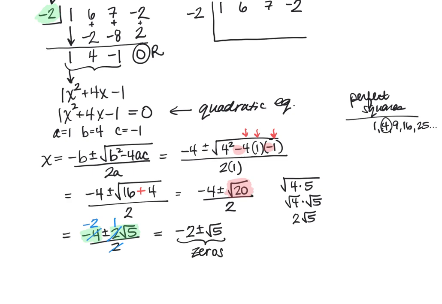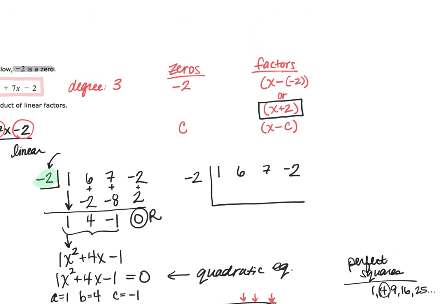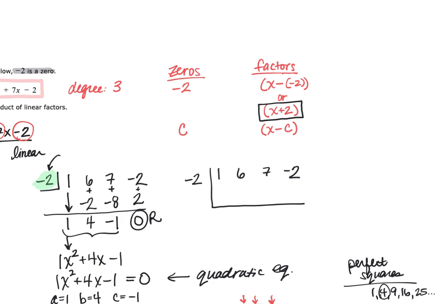So going back up to the top, if we were going to list all of our zeros, we had the first 0, which was -2, and now we've just added 2 more zeros on. -2 plus rad 5 would be a second 0, and -2 minus rad 5 would be our third 0.